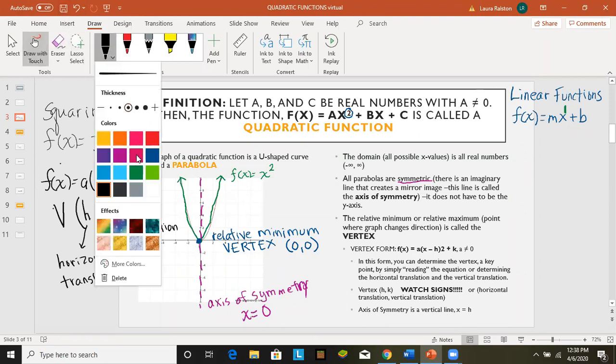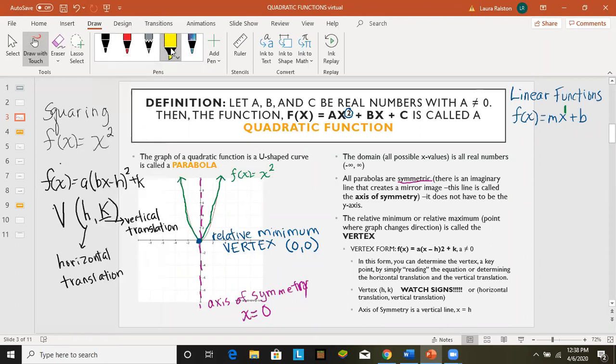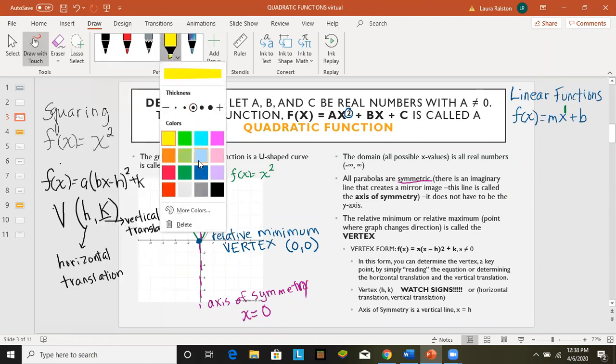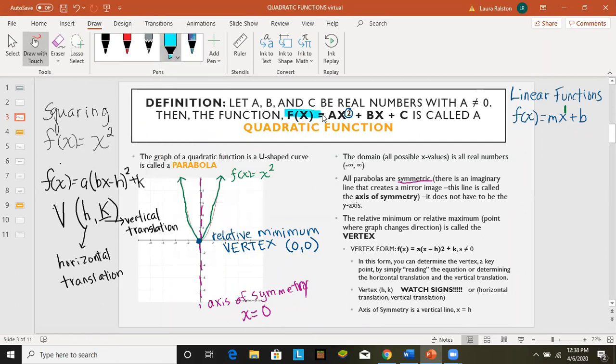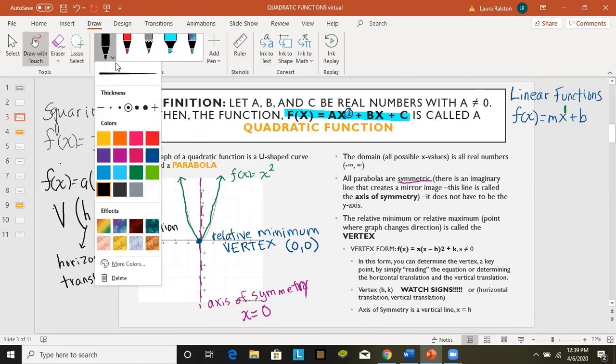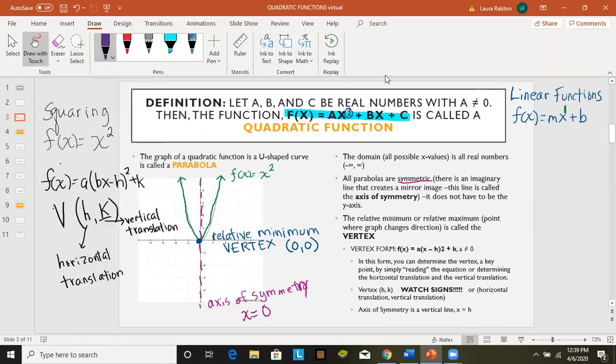More times than not, when you're dealing with quadratic functions or the squaring function, they're going to be given to you in this format that you see up here in this definition, where you have ax squared plus bx plus c. The a in that equation does correspond to the a that we've had over here in our other format. But beyond that, there's nothing else in common.